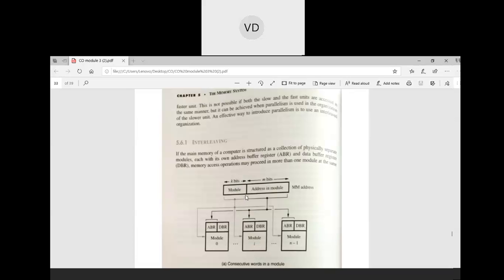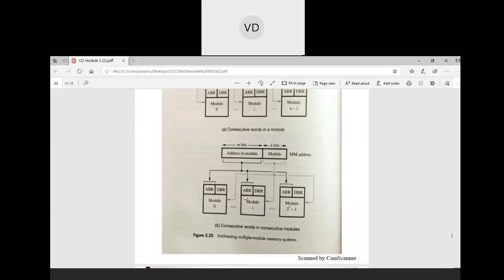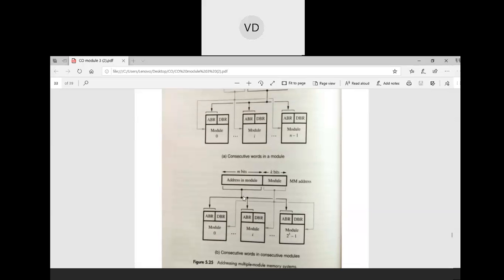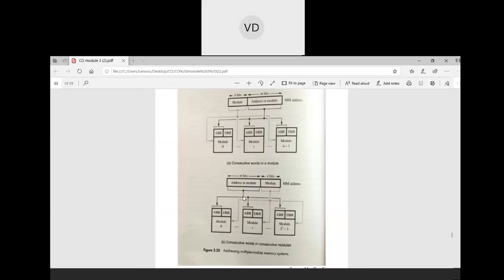The second method is called the interleaving method. What is this interleaving method? You can see here, everything else is the same, only we are exchanging this one. First we store the address in the module, then we store the module number.